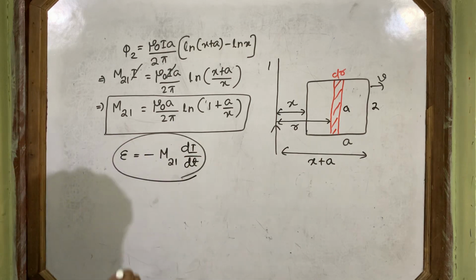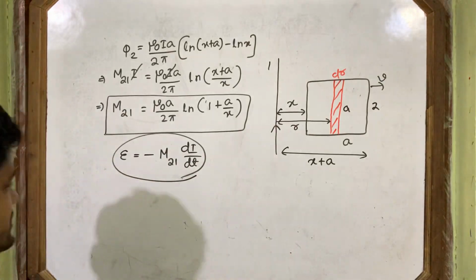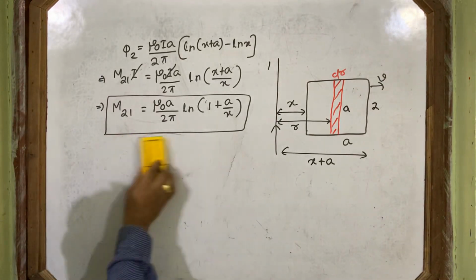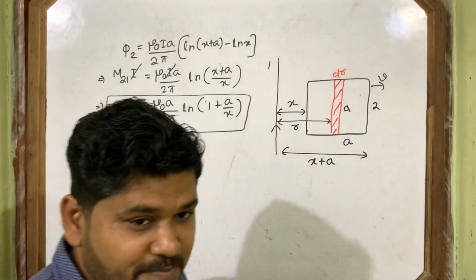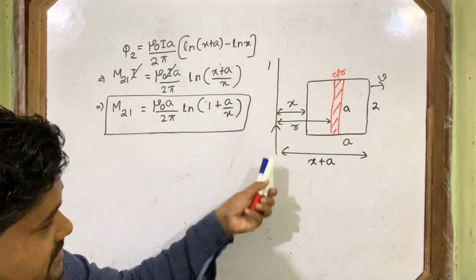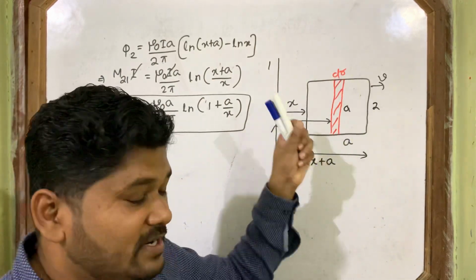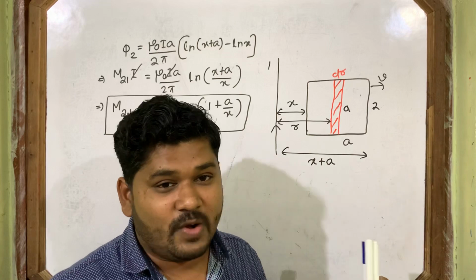You can use either formula to find how much EMF is induced here. So this is the mutual inductance of one straight conductor and one square loop.